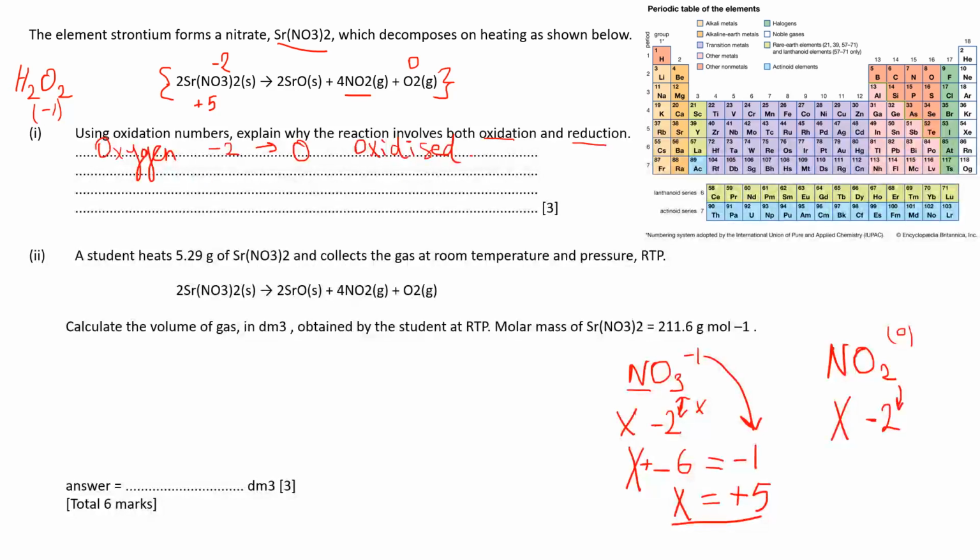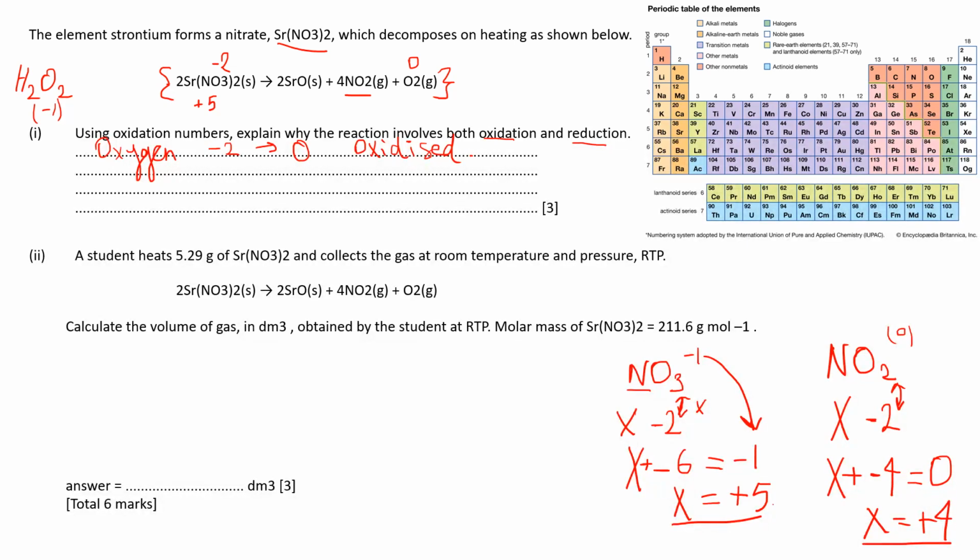We have 2 oxygen atoms, so 2 times -2 gives -4. Nitrogen is still unknown, so we add these oxidation states to get an overall charge of 0. Very simple maths, we get +4.